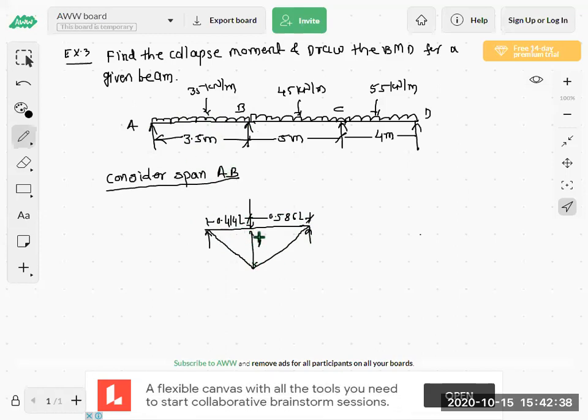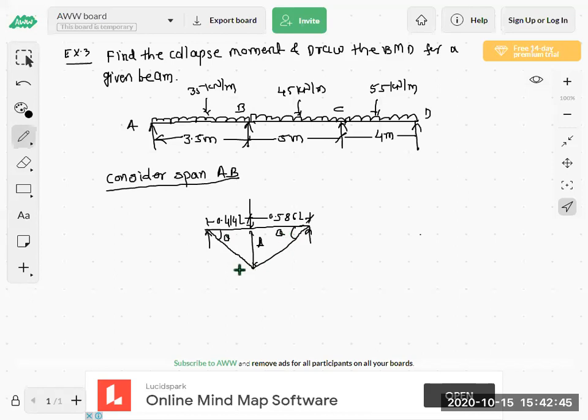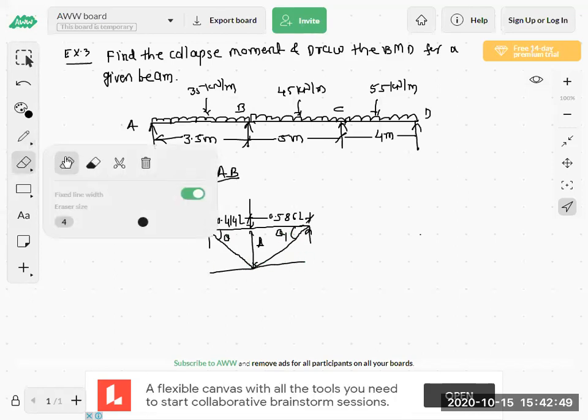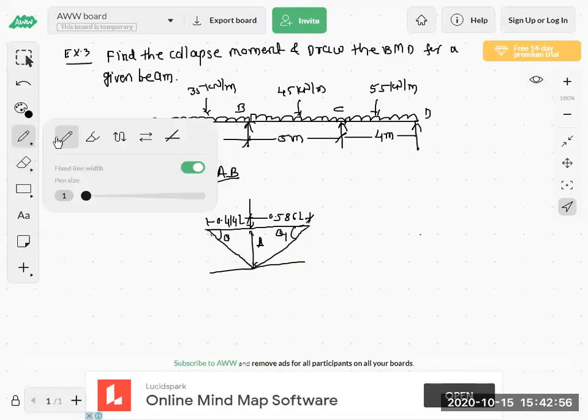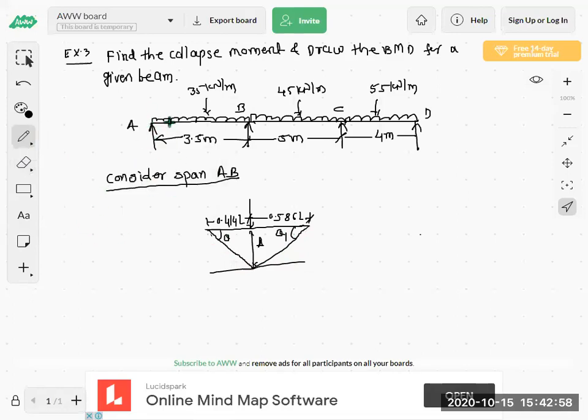This is the displacement. Now if we assume this is theta, this is theta 1. Now tell me, support A, which type of support is there?